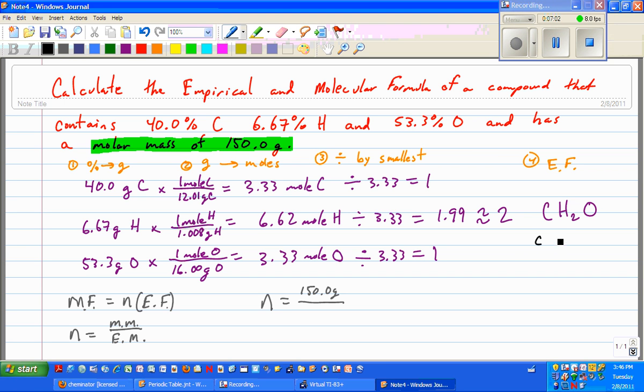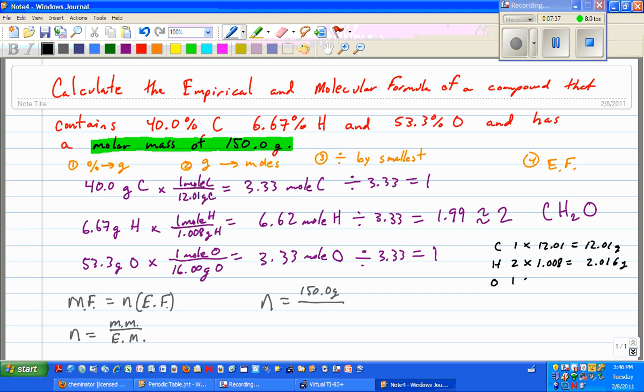So let's go over to the side here and calculate that empirical mass. I've got carbon, that's 1 times 12.01, which is equal to 12.01 grams. For hydrogen, I've got 2 times 1.008, which is equal to 2.016 grams.